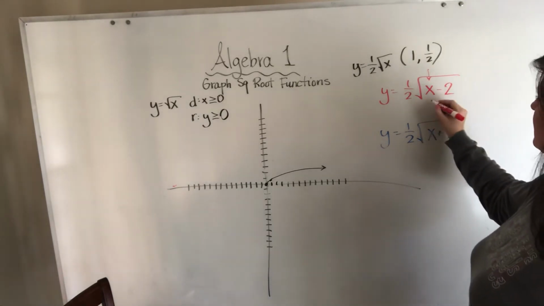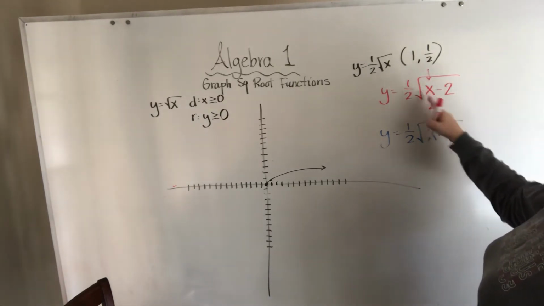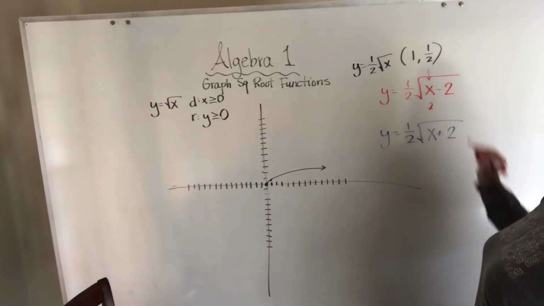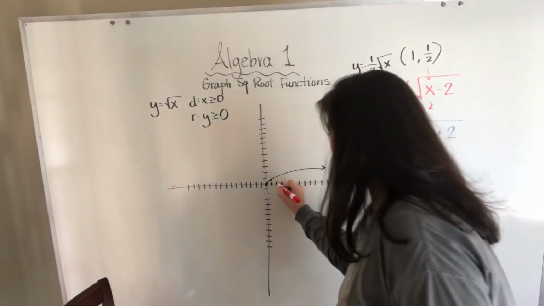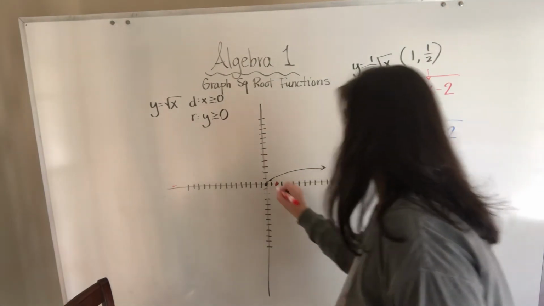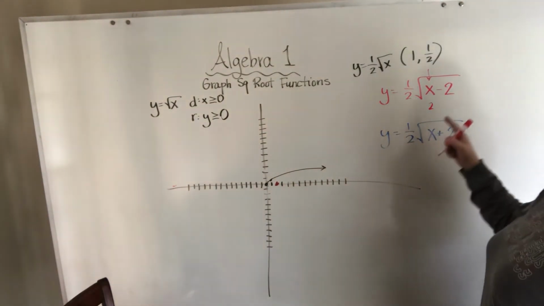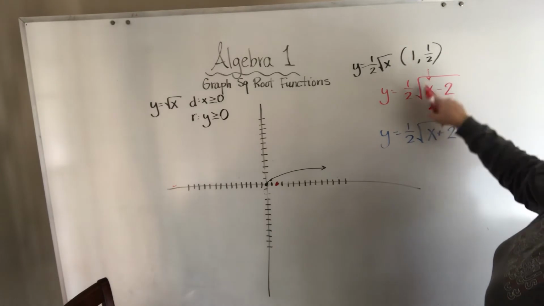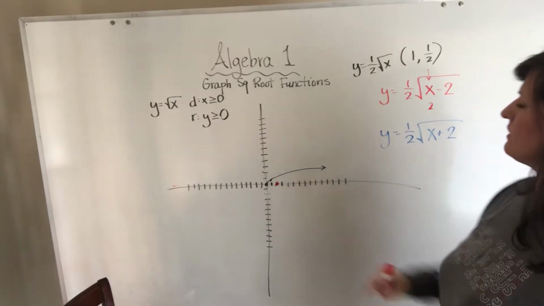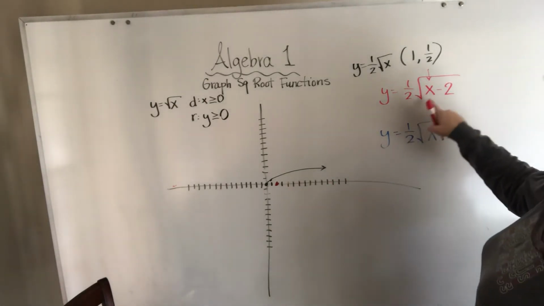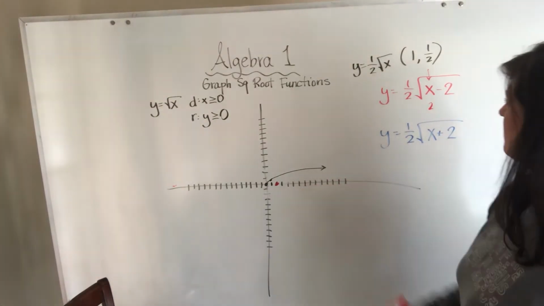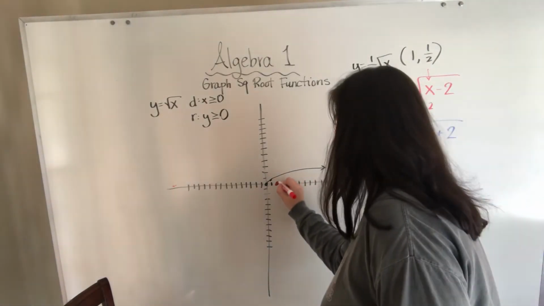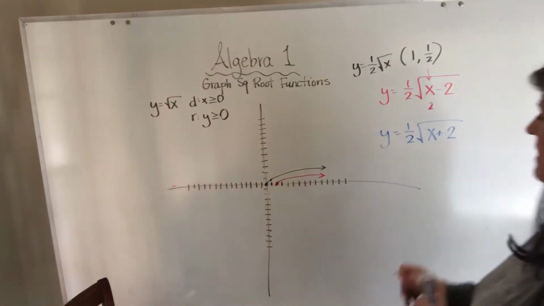Well, if x is 2, that makes this value 0, 2 minus 2. So that's where I want to put my first point here. So when x is 2, that makes this 0. I'm looking at my intercept, okay? In other words, if this is a negative 2, I'm going to move it 2 to the right.